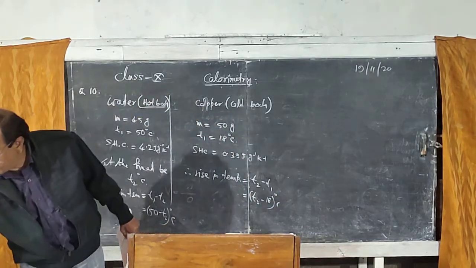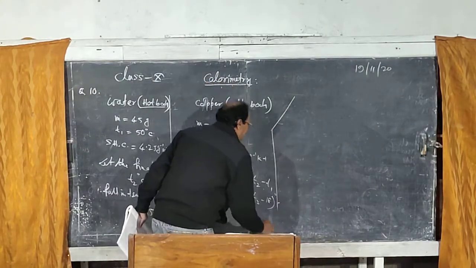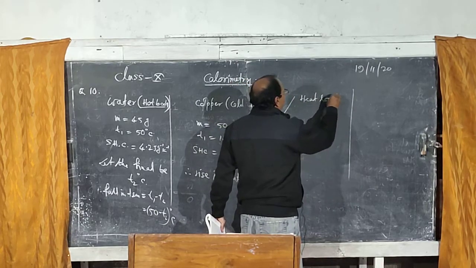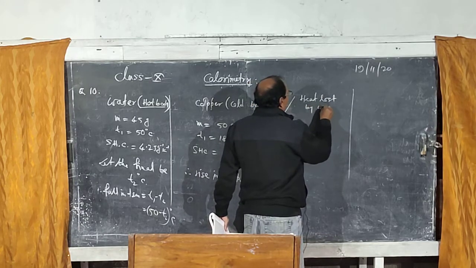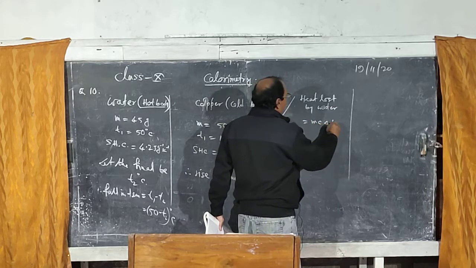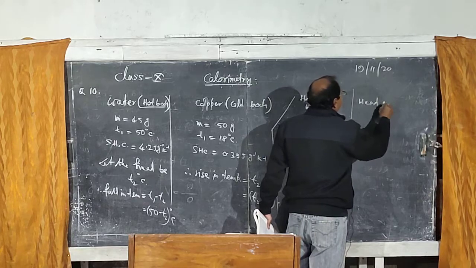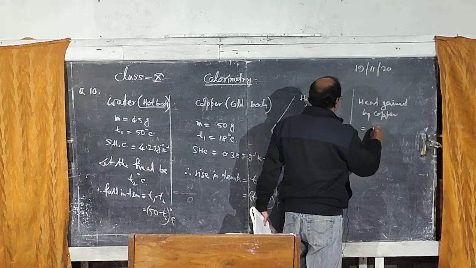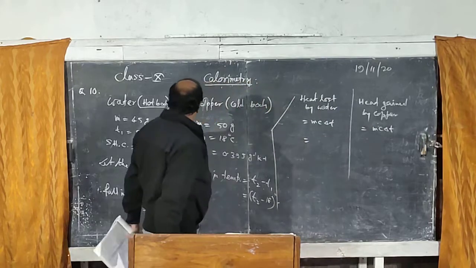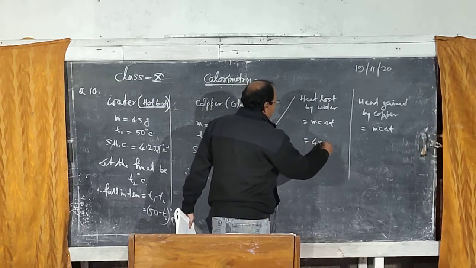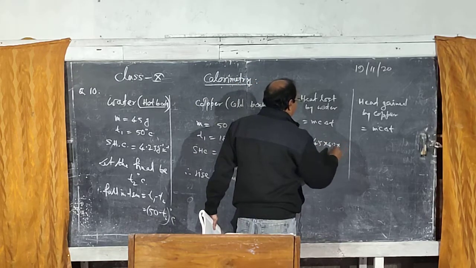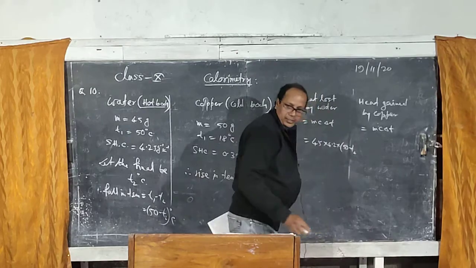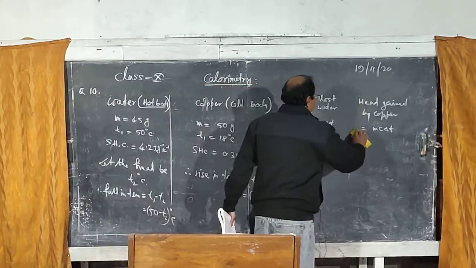Okay, we will continue on this side. So heat lost by water equals mc delta T, and heat gained by copper equals mc delta T. Here m value we will put 45 into C here 4.2 into delta T here 50 minus T2, right?